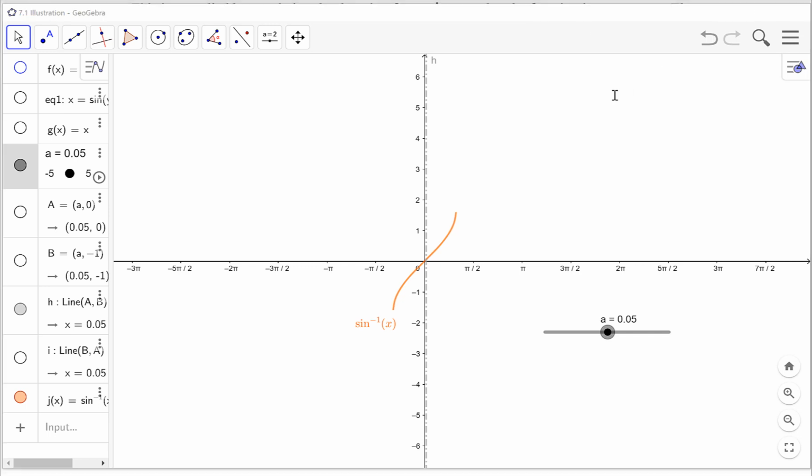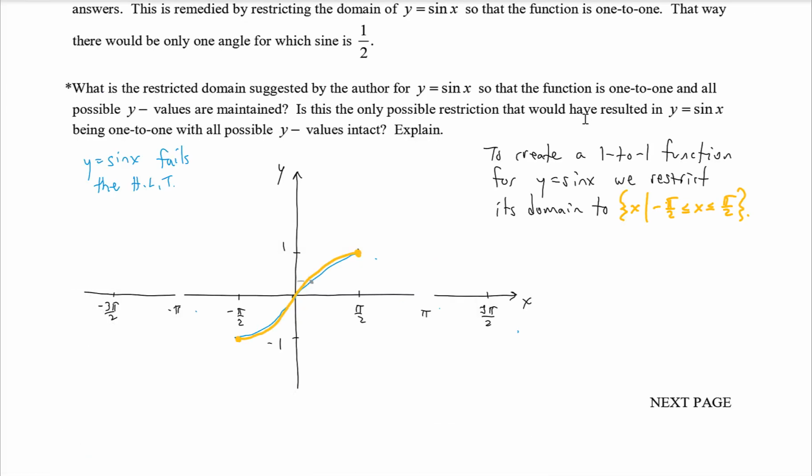Okay, let's go back to this. All right. And then again, it's important we understand other restricted domains were possible.